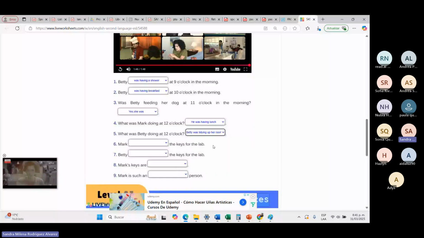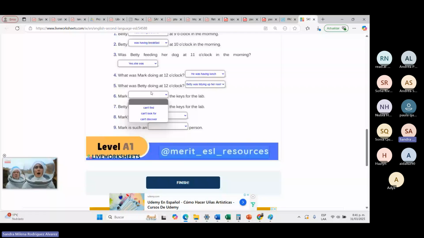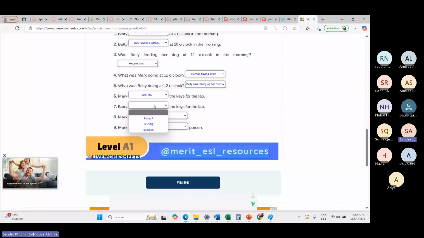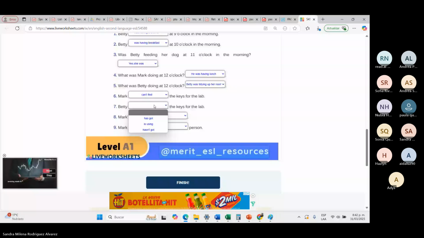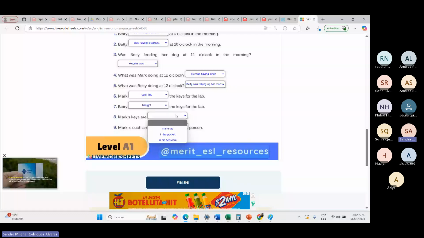Mark can find, can look, or can discover the keys for the lab. Can find. Now, Betty has got, is using, or hasn't got the keys for the lab. Has got. Now, Mark's keys are in the lab, in his pocket, or in his bedroom.